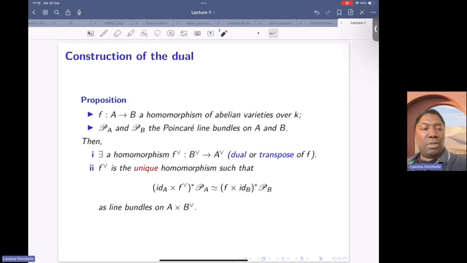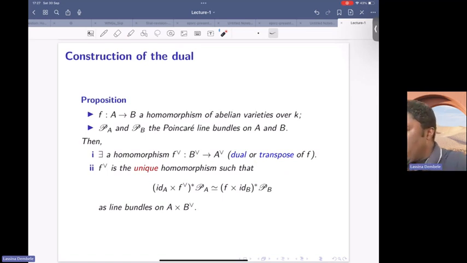And the second content of the proposition is that this F dual is the unique homomorphism such that when I take the pullback of the Poincaré bundle by identity map cross F dual, it's the same as pulling back the Poincaré bundle on B by F cross the identity map on B. So it's the unique map which satisfies these universal properties.